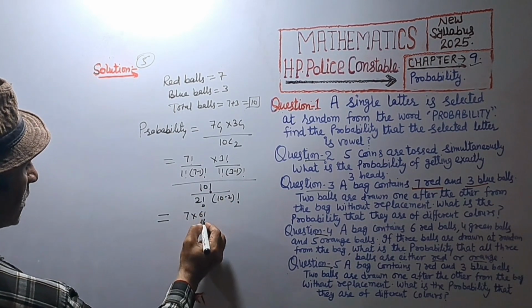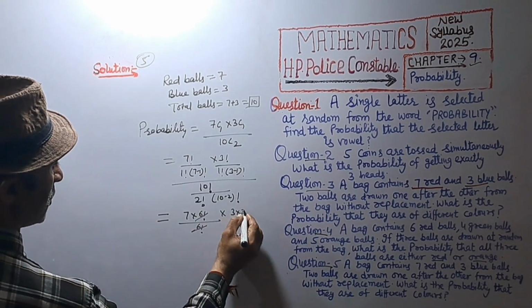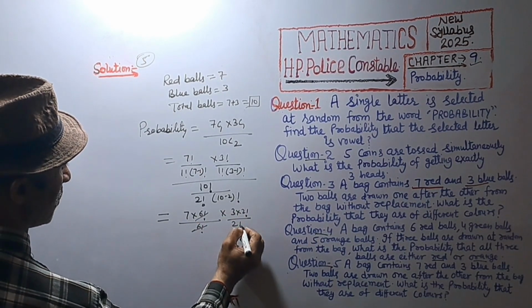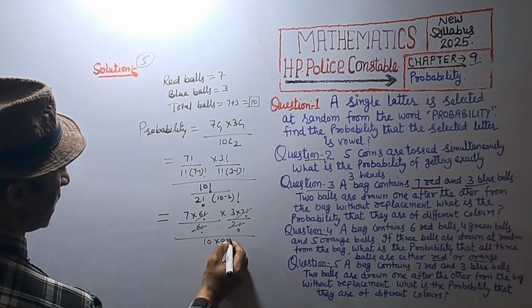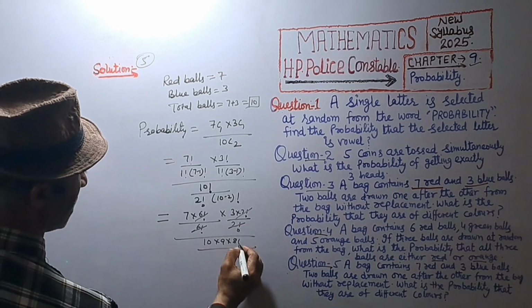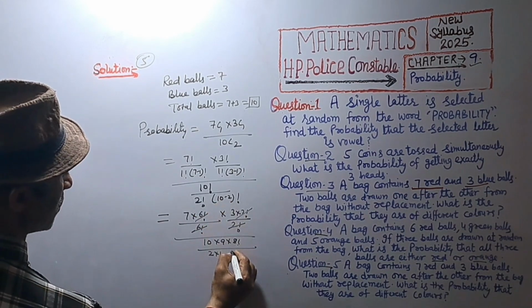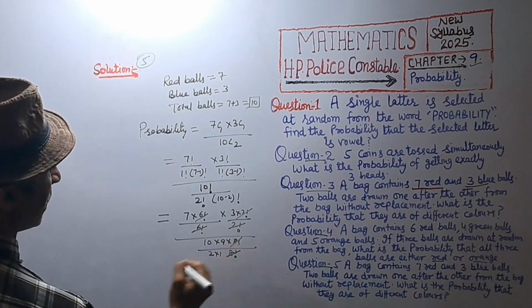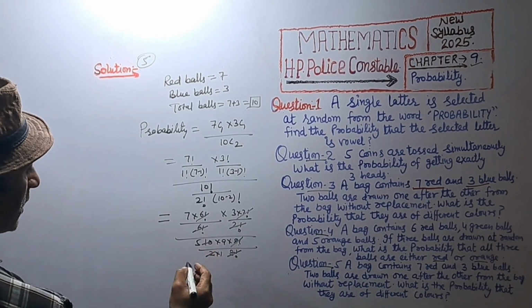7 into 6 factorial divided by 6 factorial, and 3 into 2 factorial divided by 2 factorial, which is cancelled, and 10 into 9 into 8 factorial divided by 2 into 1, and 10 minus 2 factorial, that is equal to 8 factorial, which is cancelled. 2 1s are 2, 2 5s are 10.